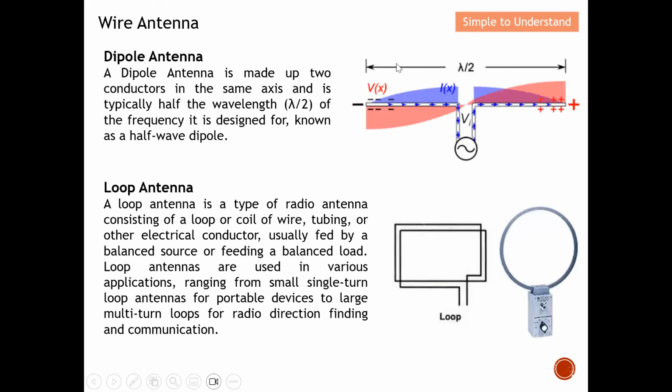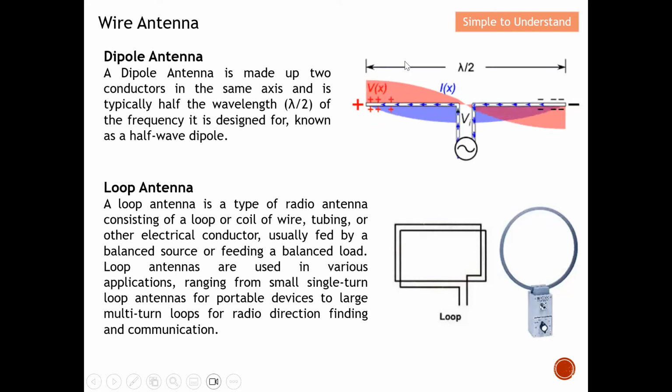So the size of these two axes is about half of a wavelength, and therefore it is also known as a half wave dipole. In short dipole antenna, as I mentioned earlier on, the length can be lambda over 10. Therefore they get the name short dipole antenna because it's much shorter than the dipole antenna.